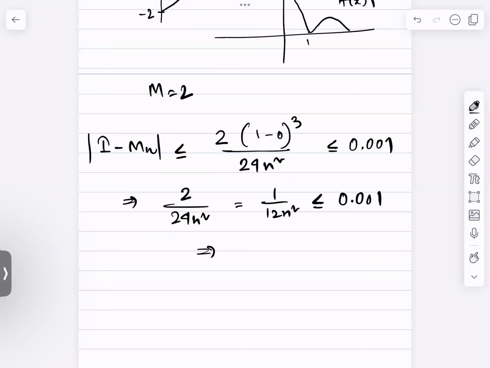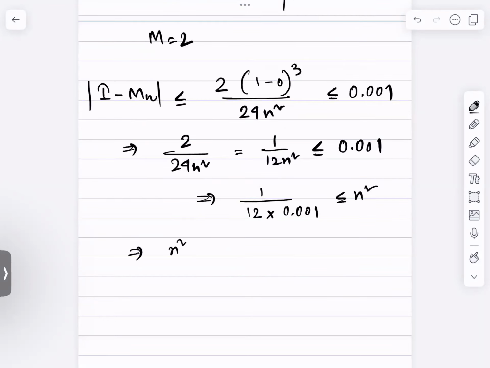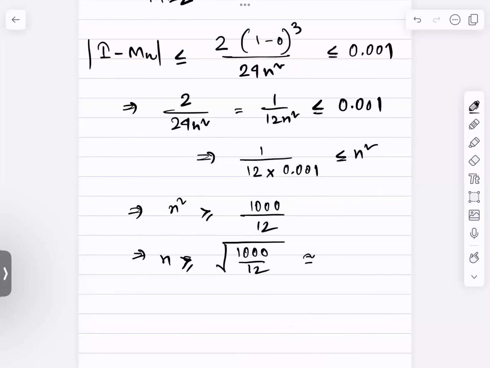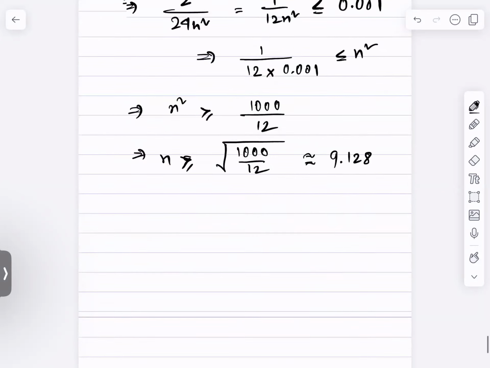Just cross multiply. So I have 1 over (12 times 0.001) less than or equal to n squared. In other words, n squared is bigger than or equal to 1000 over 12. So n should be bigger than or equal to the square root of 1000 over 12. And that is basically equal to, what's the value? 9.128. Cool.